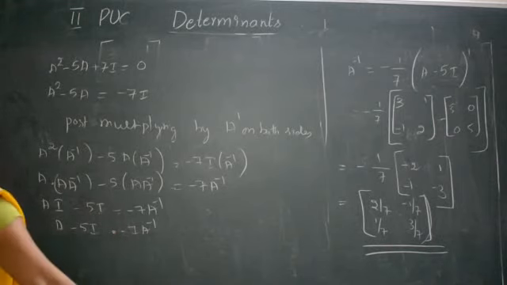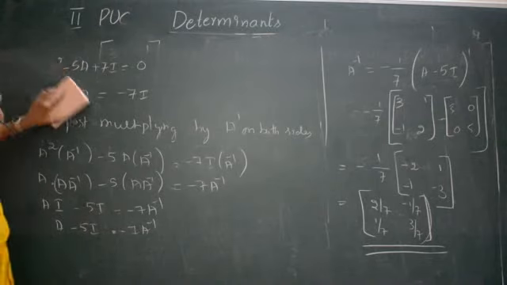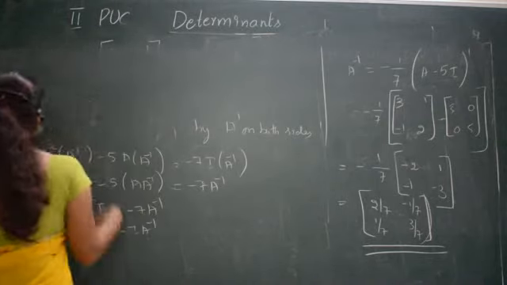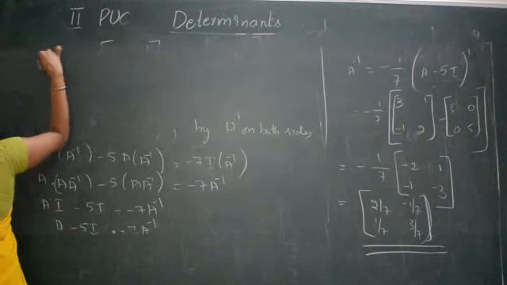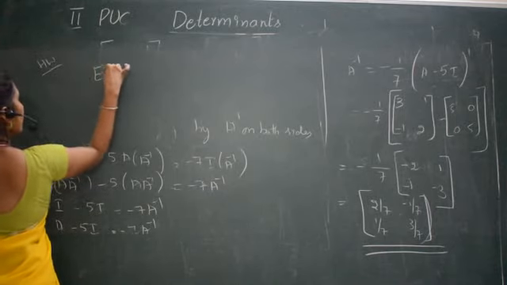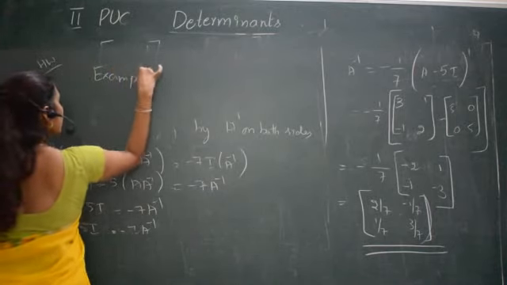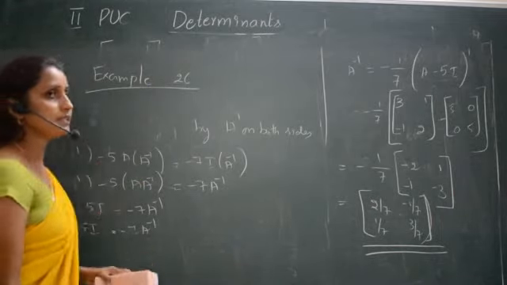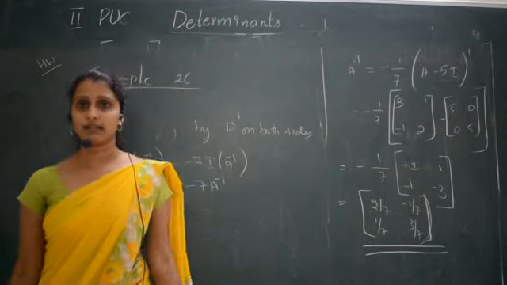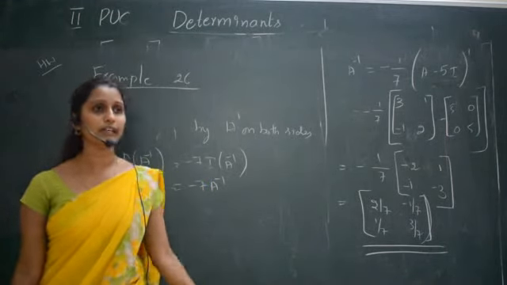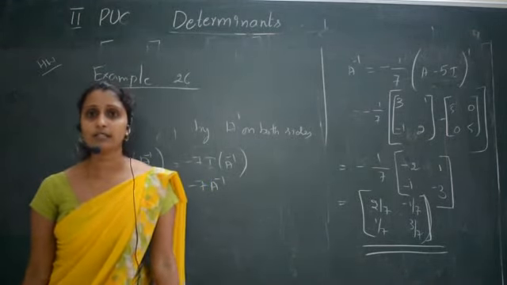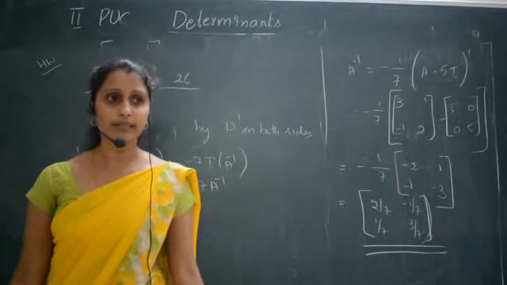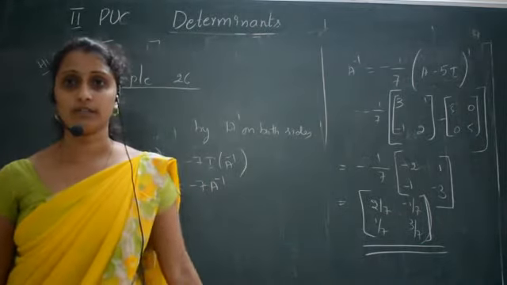The same kind of problem is there in example 26. So you complete this example 26. It is the same kind of problem, to find the inverse of a 2 by 2 matrix from the given equation. Thank you.